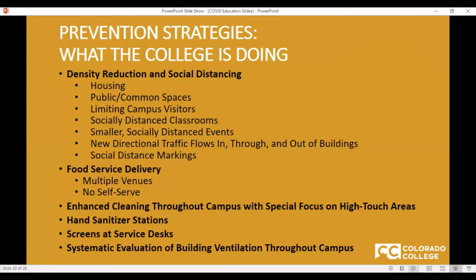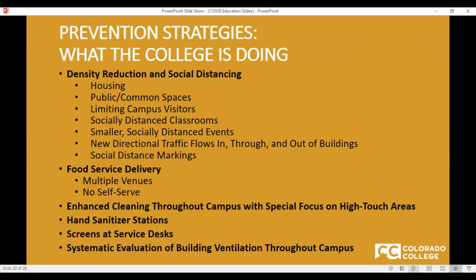New directional traffic flows in, through, and out of many buildings have been implemented. And you'll also see social distance markings on floors where lines or queues might be likely to form. We've changed our food service delivery model with multiple venues for food pickup, but no self-serve food.